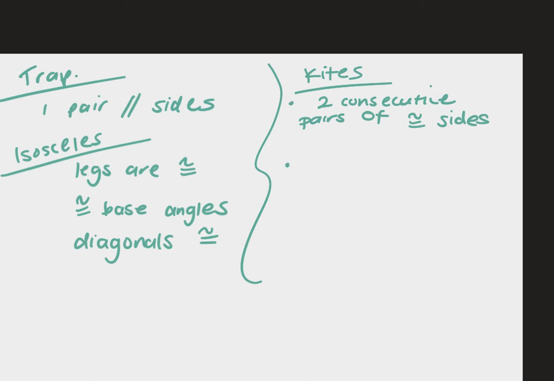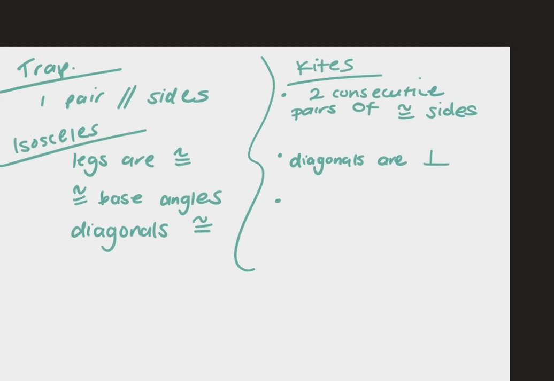We learned that in a kite, the diagonals are what? Perpendicular. Okay. And we learned one more thing about kites: that the two opposite angles are equivalent.